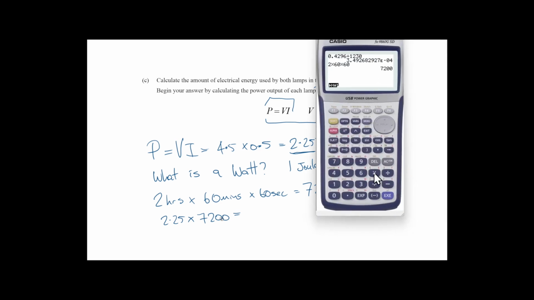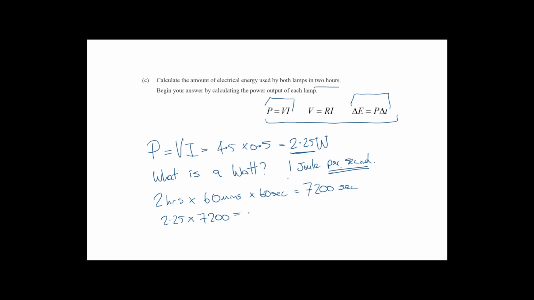Off to the calculator we go. 2.25 times 7,200 is 16,200. Are we done? No. We've got two lamps. So if they're both in parallel, they're both identical lamps, the total energy used up is going to be twice that.